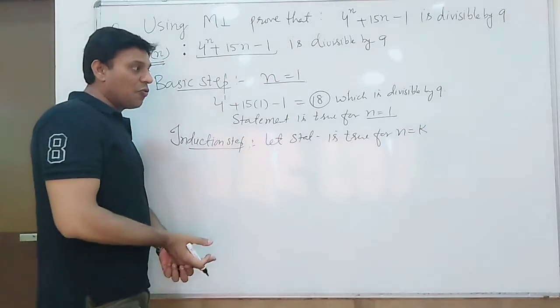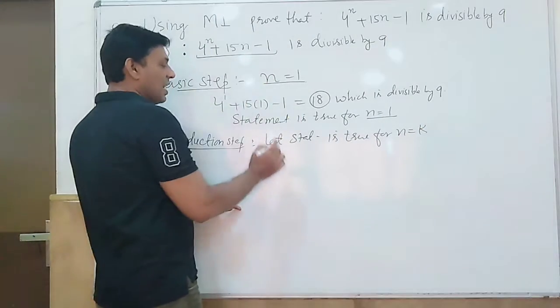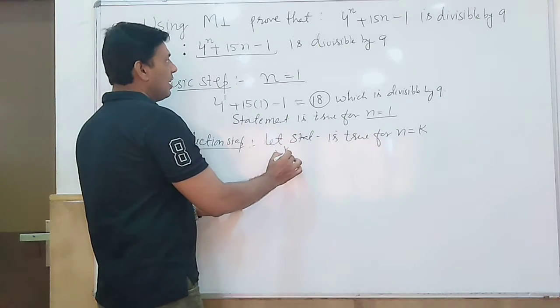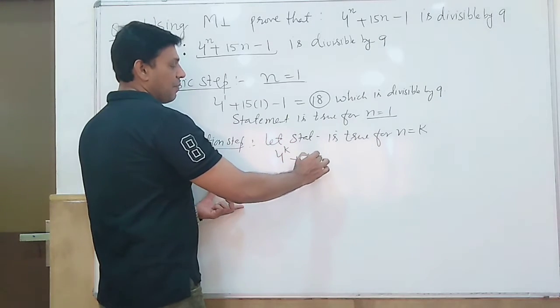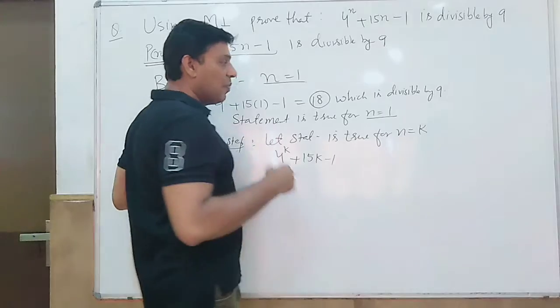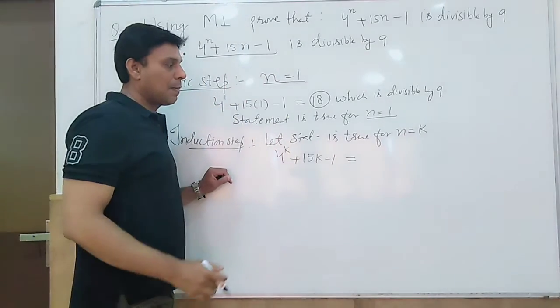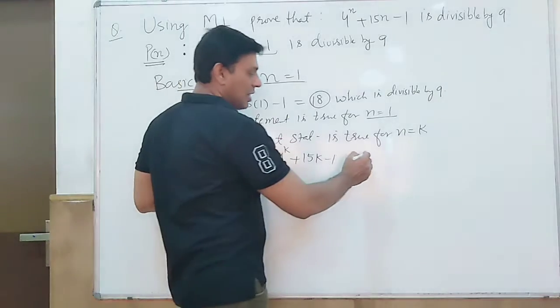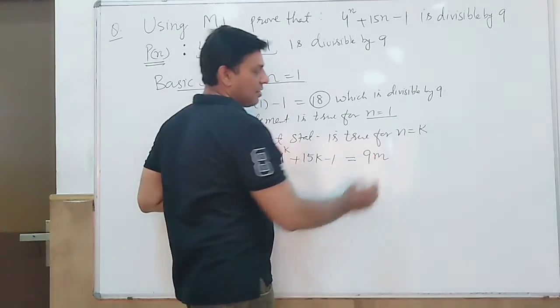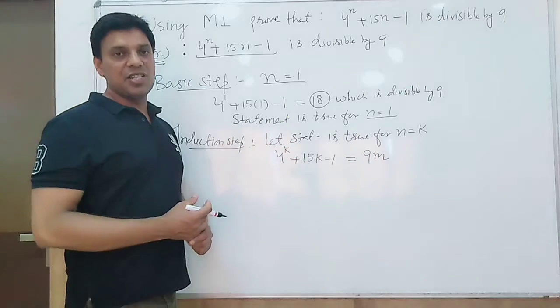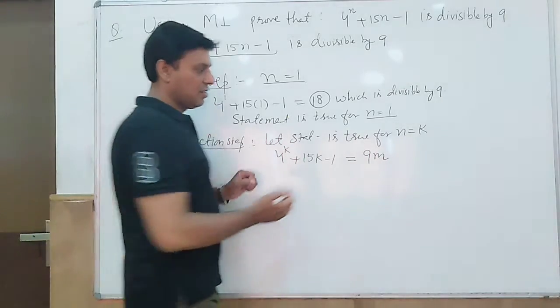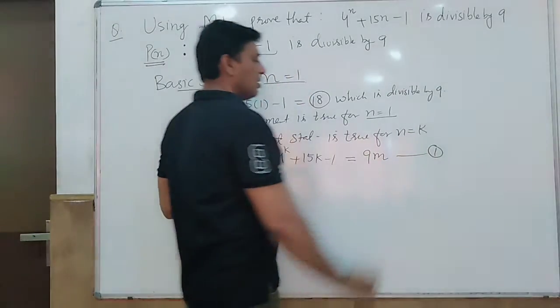If it is true for k, then we can write that 4 to the power k plus 15k minus 1 will be divisible by 9. If this number is divisible by 9, then it will be some multiple of 9, say 9 times any integer. So I can write it like this. This is the first result.